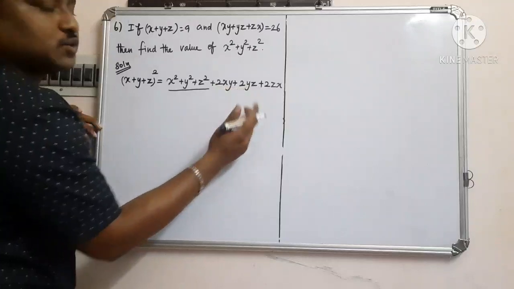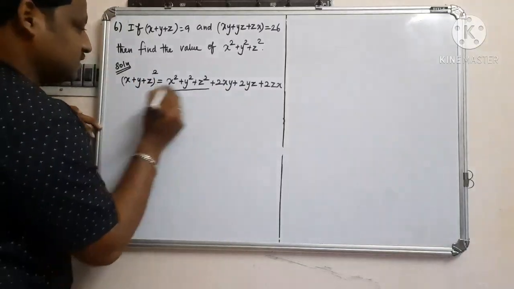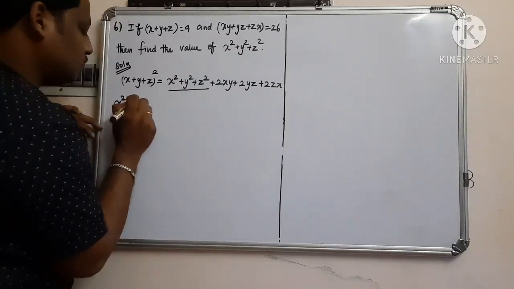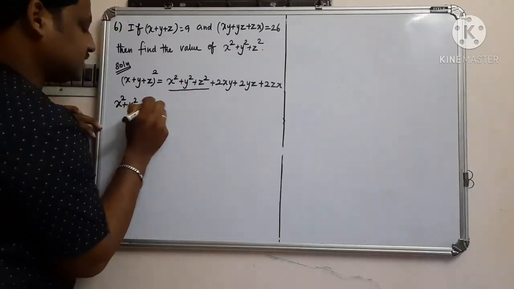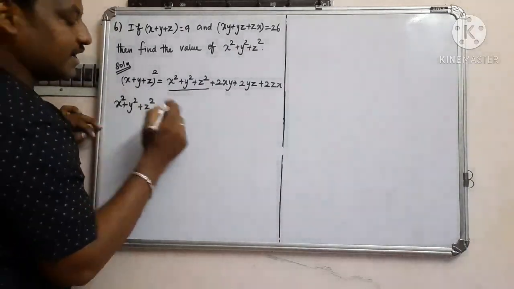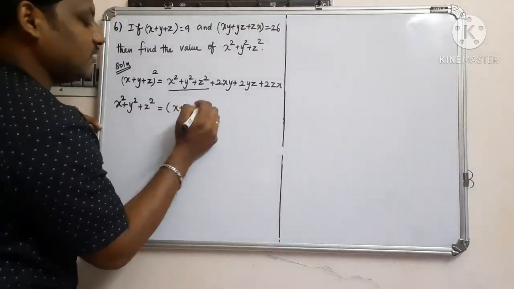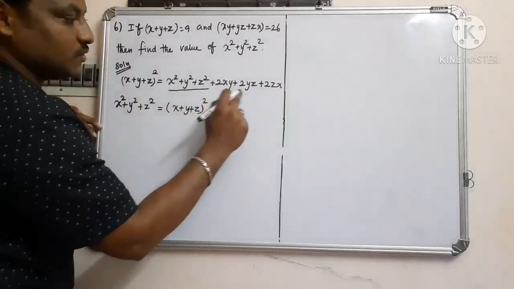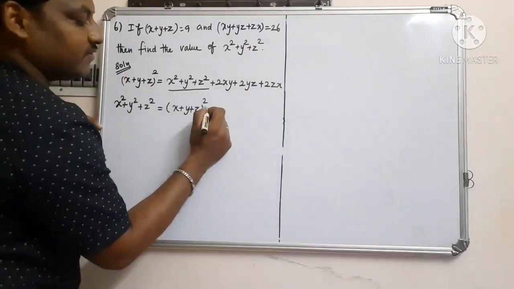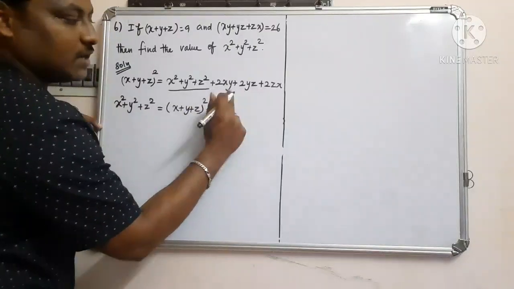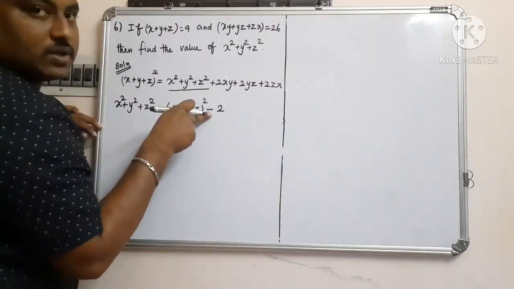So plus values should change into minus values. So here x square plus y square plus z square is equal to (x + y + z) the whole square, minus 2xy minus 2yz minus 2zx. Here 2 is a common factor, and since all the numbers change to minus, I take minus 2 common outside.